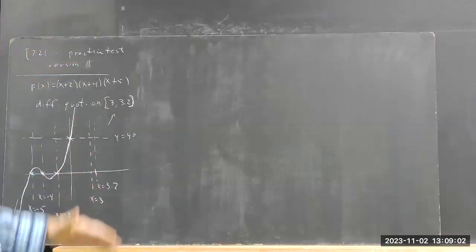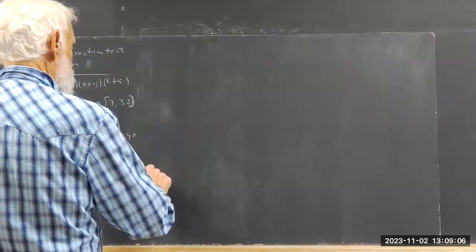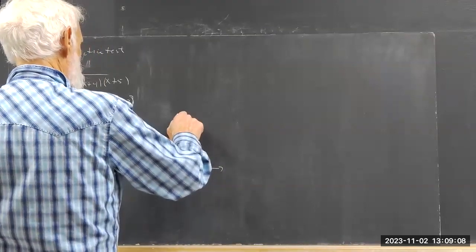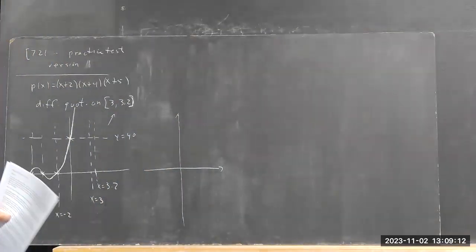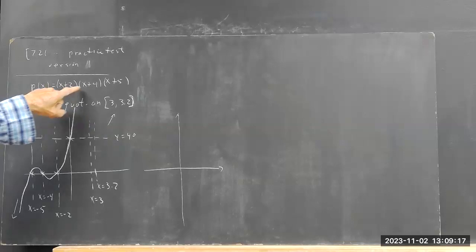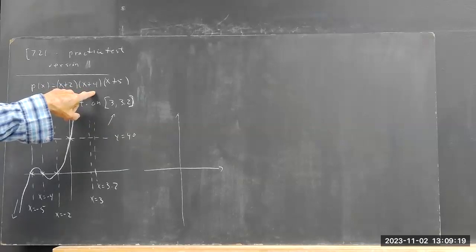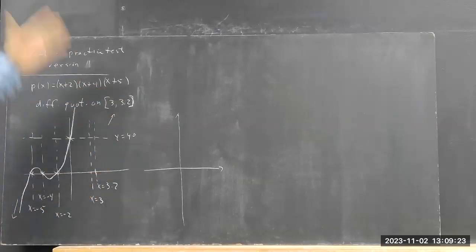So what we're going to do is squash the graph way down. First of all, if x equals 3, we've got 5 times 7, which is 35, times 5, which is 165. So 165 is out of reach.